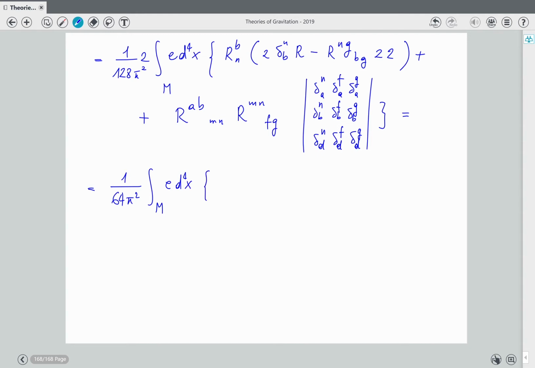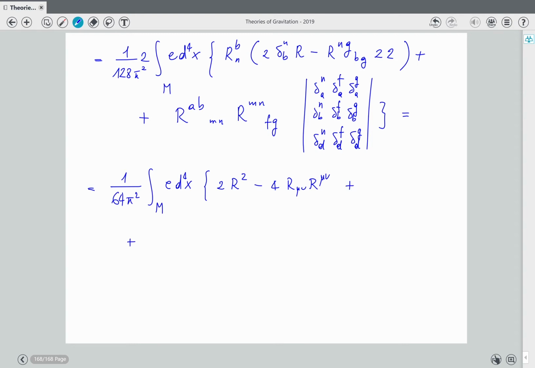The first two terms there are 2r squared minus 4 Ricci squared. Let me write it like that. Switching to space-time indices. Plus what?